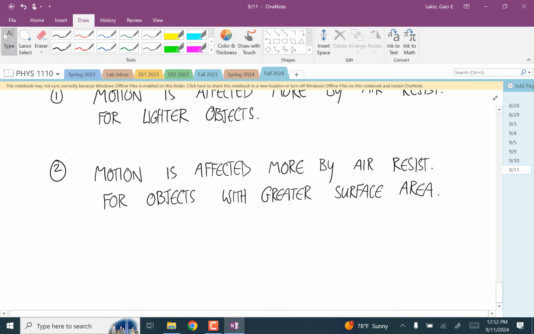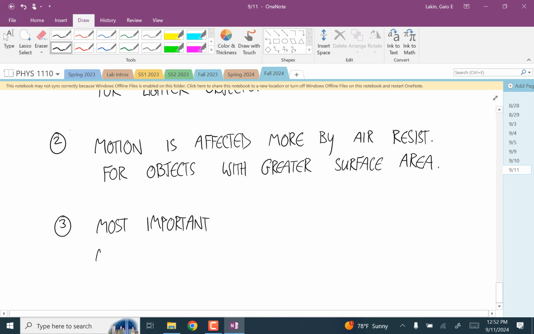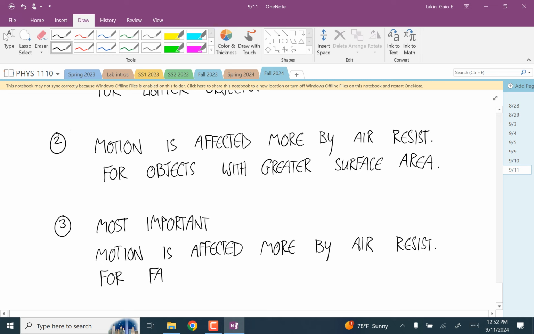And then the last one, this is the one that matters the most. So this is the most important. Motion is affected more by air resistance for faster objects.